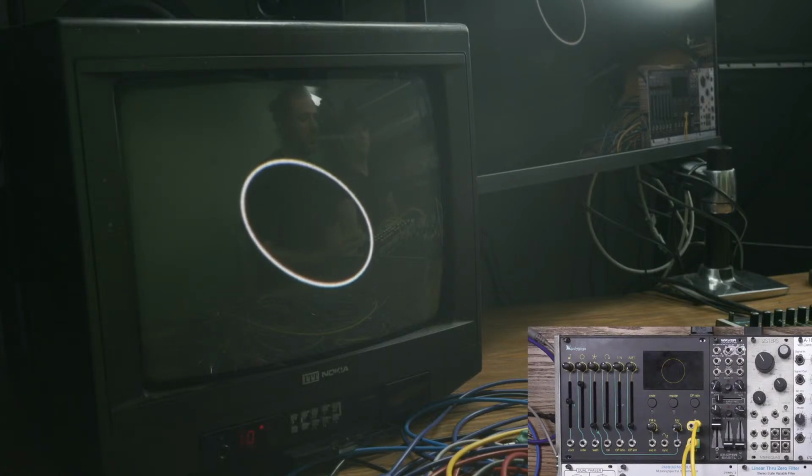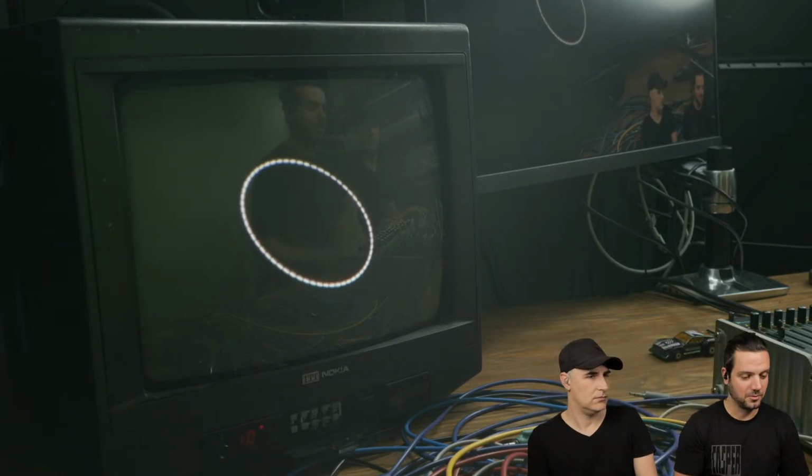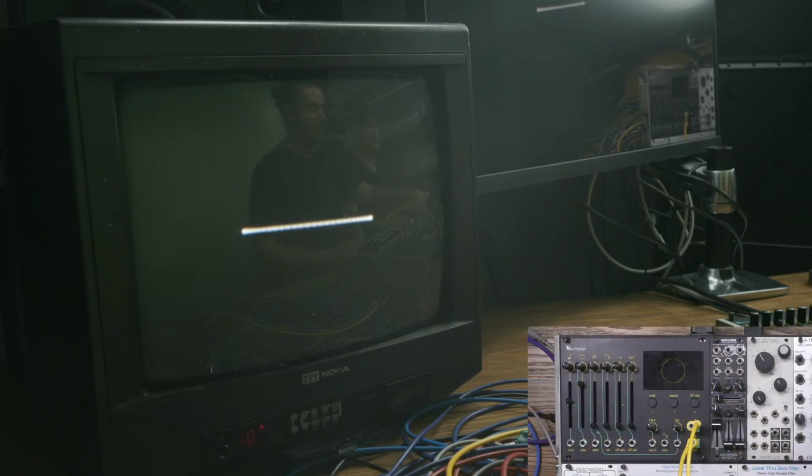The good news is that we can use modules to interact with the path of this beam, a lot, actually. So what I'm going to do is insert 2 VCAs, and I'm going to try to draw a spiral, but maybe it's going to turn out very different.